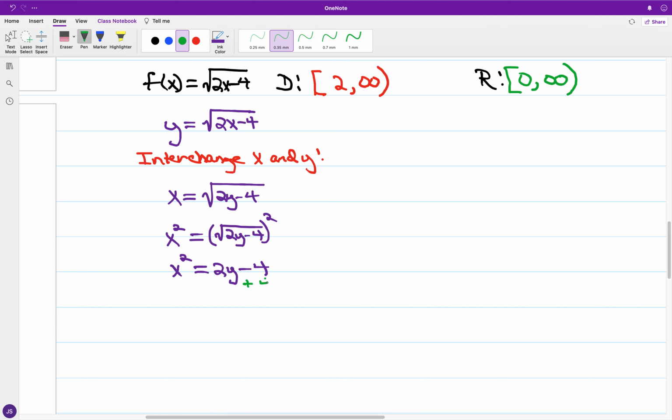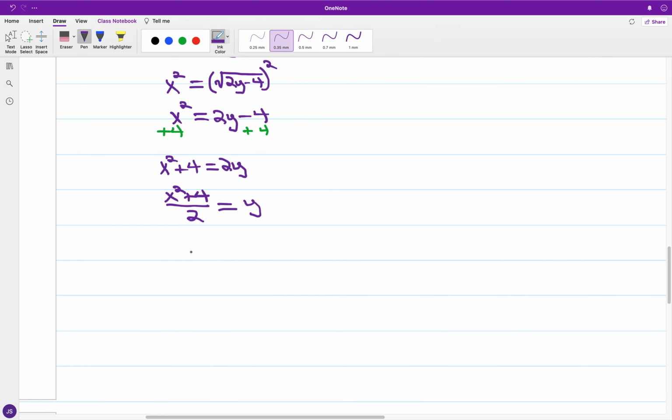Getting the y term by itself, I have x squared plus 4 is equal to 2y. And dividing by 2, we have x squared plus 4 over 2 is equal to y.